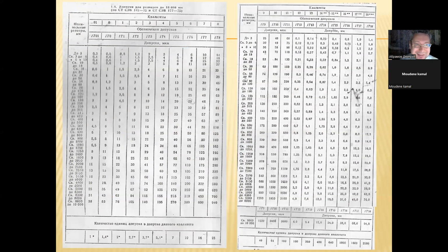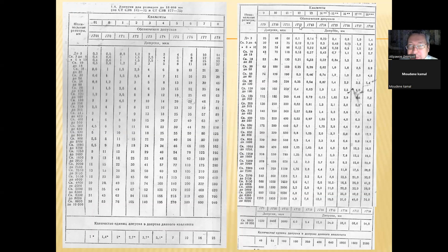We use these tables to find the number of units of tolerance A. This row is A. For each IT grade, we can find A. For example, for IT grade IT8, A is equal to 25.